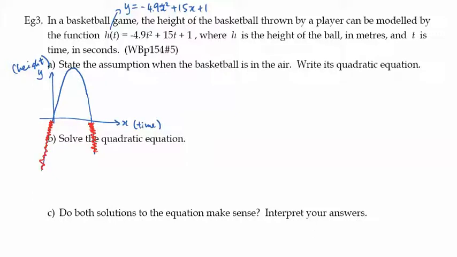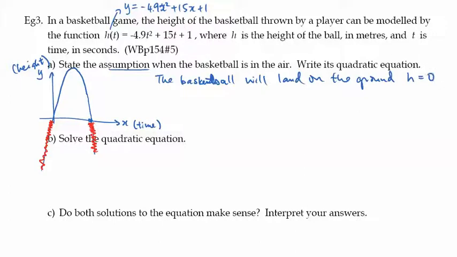So in this case, we want to start with some assumption that the basketball, after you shoot it, will land on the ground, which means it is not going to make a deep hole and sink all the way into the earth, which means I'm expecting the height to be 0 at this point.